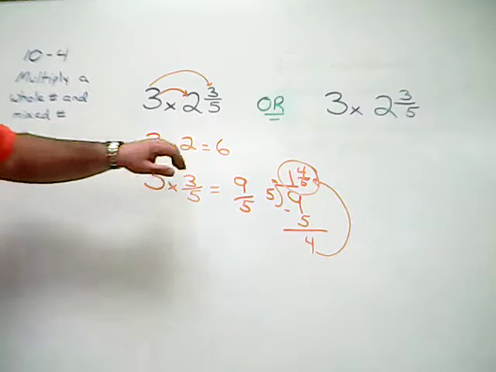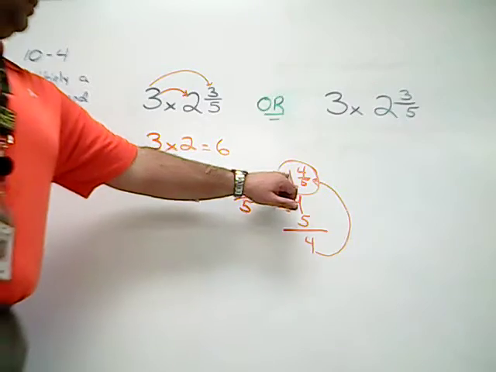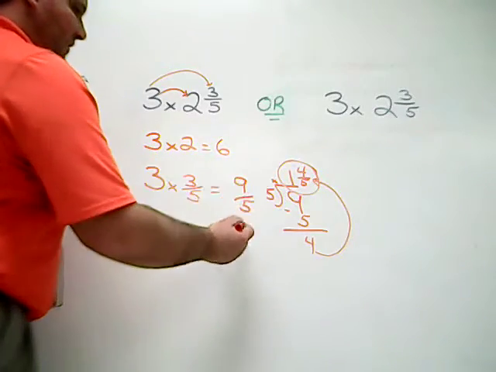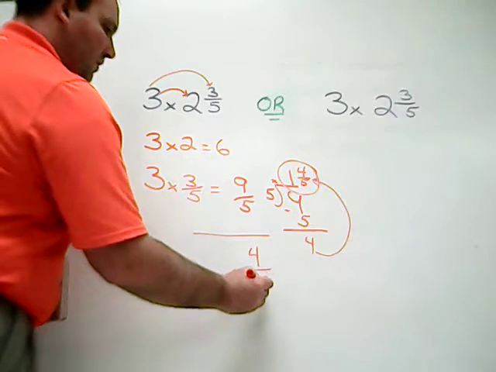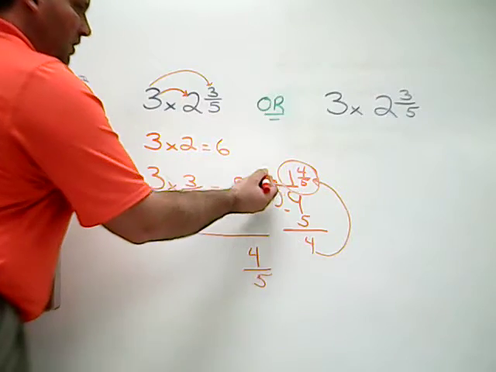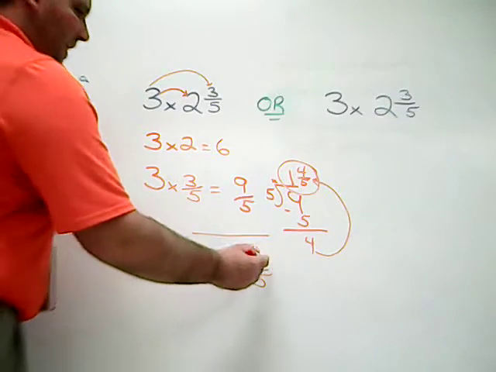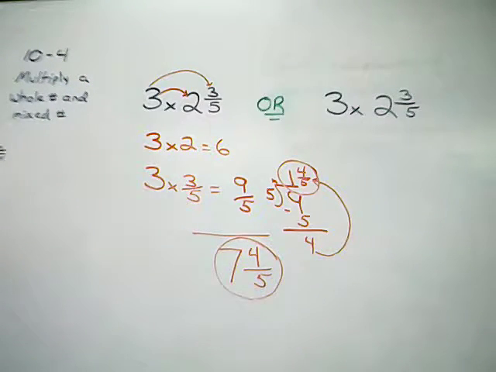And then all I have to do is add my first answer, which was 6, plus 1 4/5. Since I have no other fraction to add, I'm going to end up with 4/5. And my 1 plus 6 equals 7, for a final answer of 7 4/5.